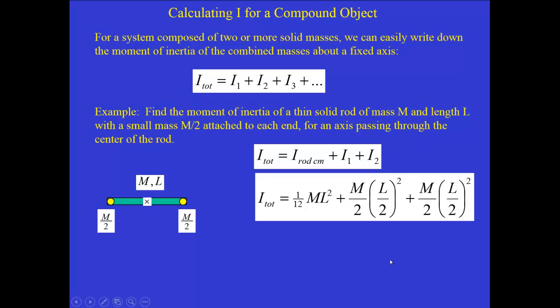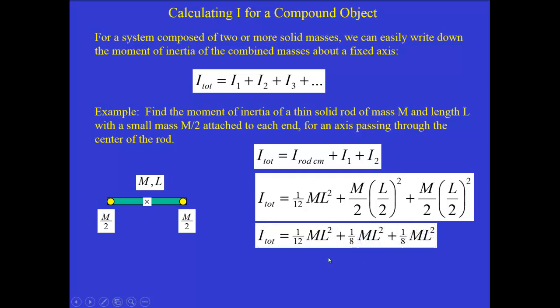So those two terms are the same. You can easily see that this gives us 1/12 mL squared plus 1/8 mL squared plus 1/8 mL squared, and when you do the necessary arithmetic, you get that the total moment of inertia of this entire object rotating about an axis through the center is 1/3 mL squared.